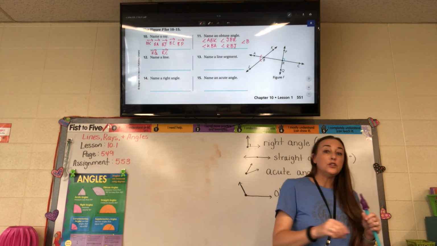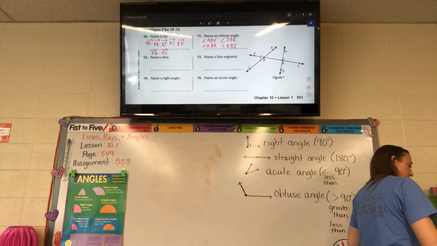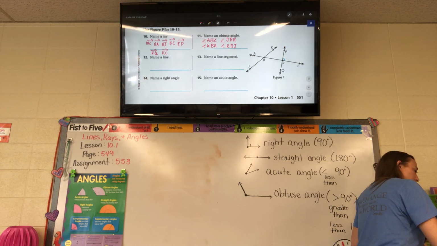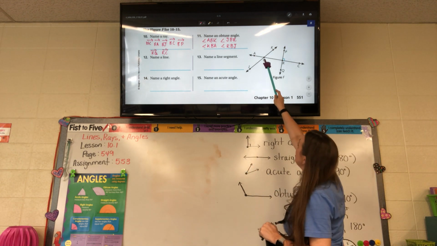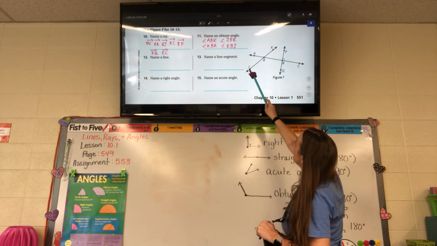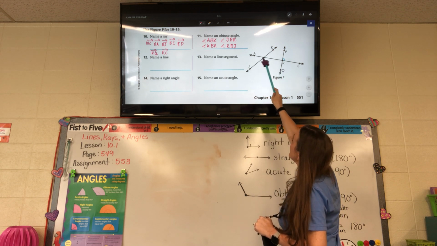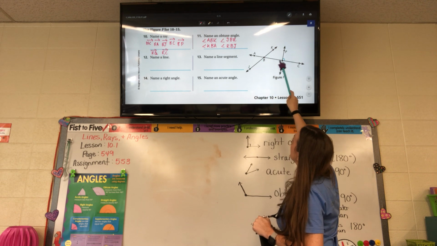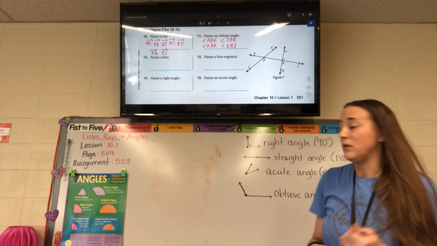So you don't want to do just angle B. Okay. Because B is actually part of 4 angles. So B is part of this little acute angle. B is part of this little acute angle. So it's got 2 obtuse angles it's part of, but it's also part of 2 acute angles.